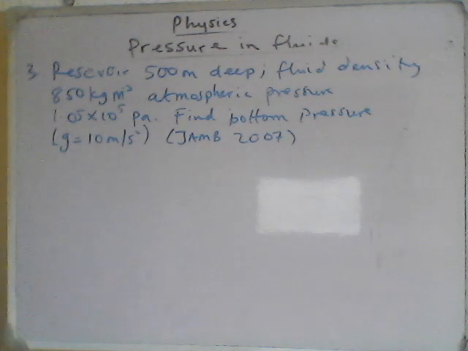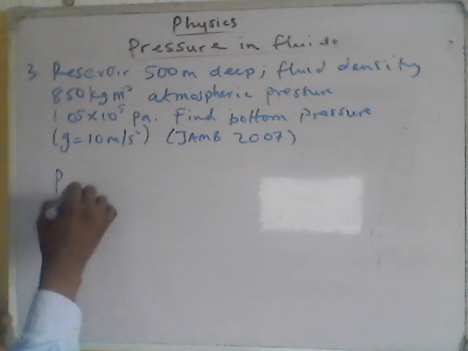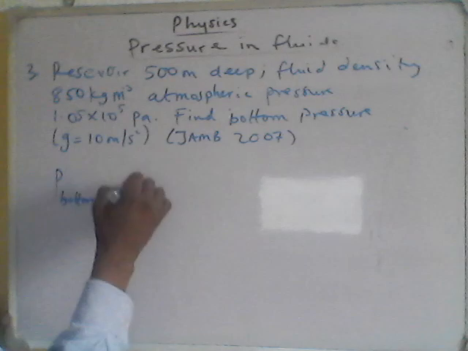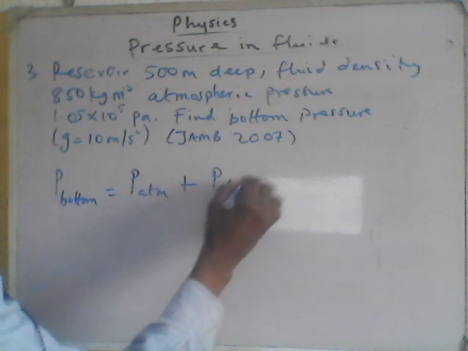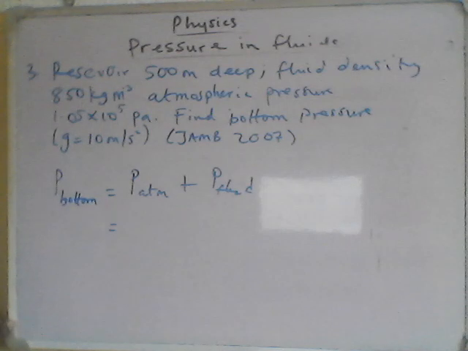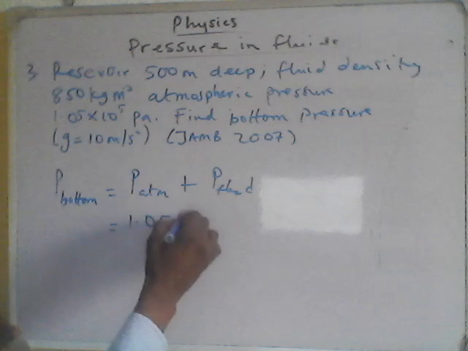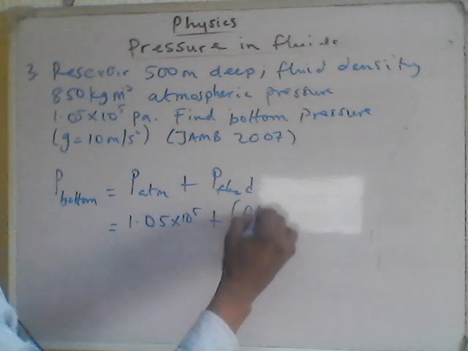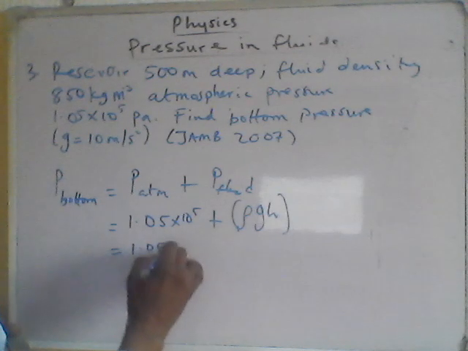Find bottom pressure. So the pressure at the bottom is actually the sum of the two pressures: atmospheric pressure plus pressure due to fluid. Atmospheric pressure is already given as 1.05 times 10 to the power 5. And pressure of fluid is density, gravity, height. That's the formula. We'll just compute it.